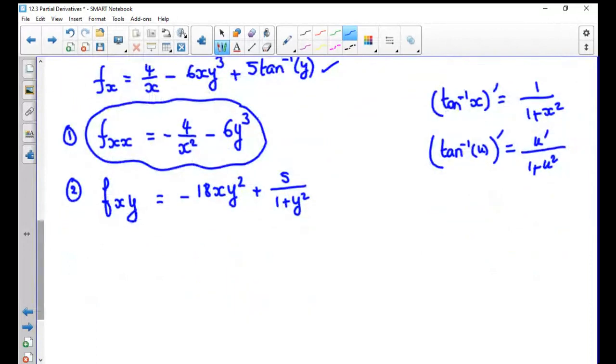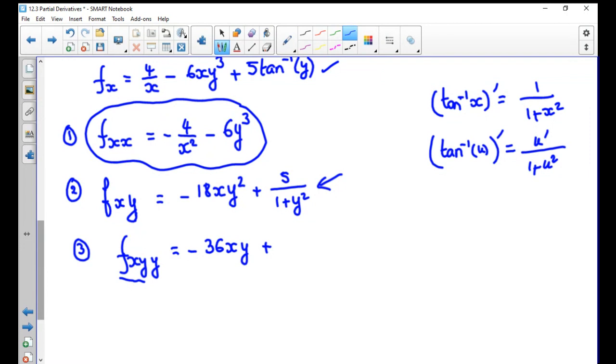fxyy. So that means I need to look at fxy, and I differentiate it with respect to y again. So basically, look at this and differentiate it with respect to y. So this will give us minus 36 xy, and then we need to differentiate this term with respect to y.